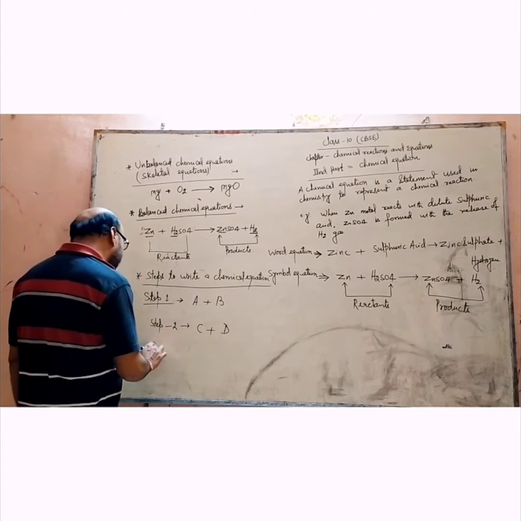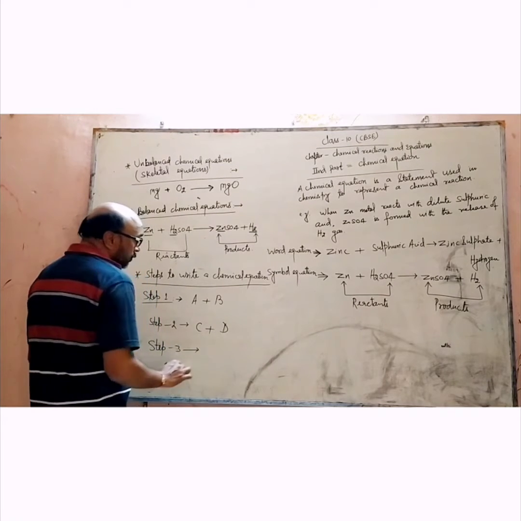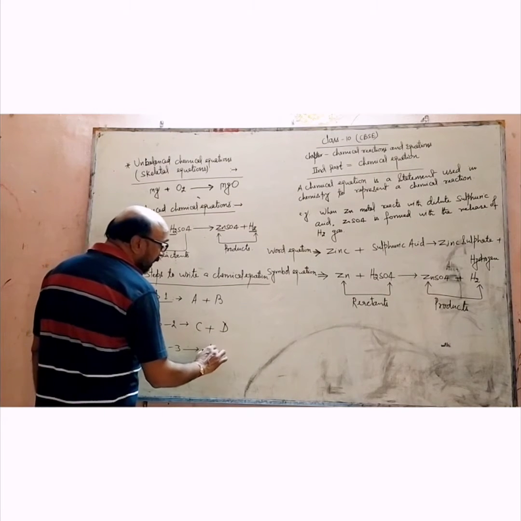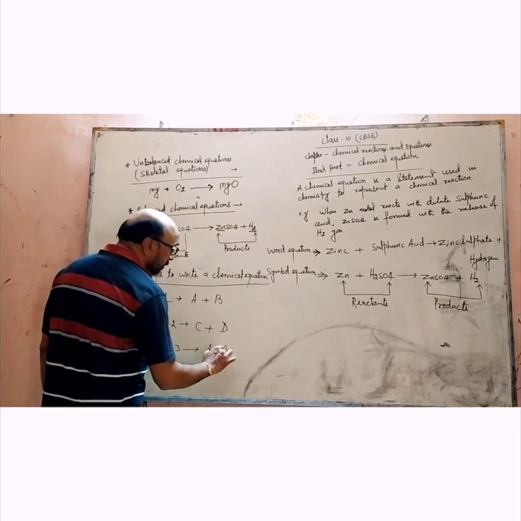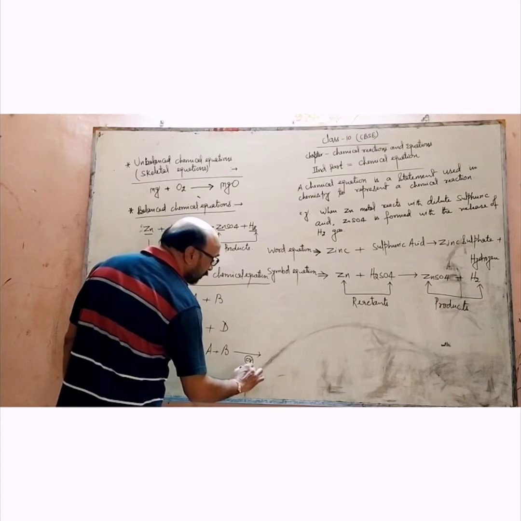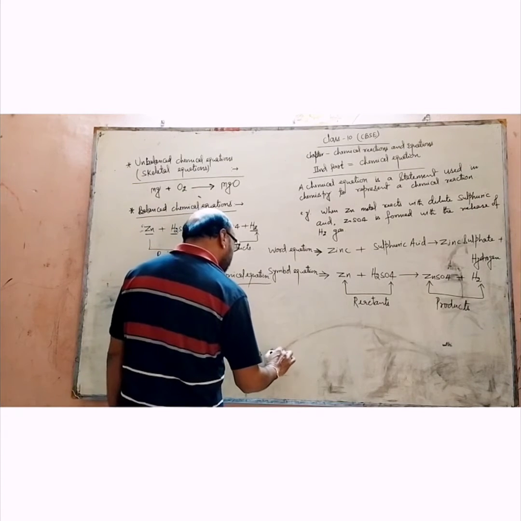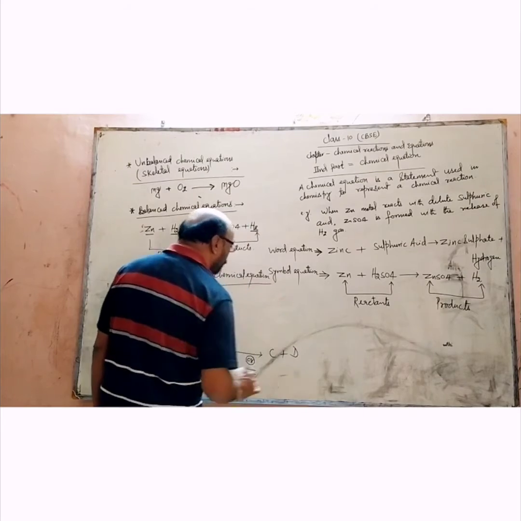The third step is to put the arrow sign or the sign of equality in between the reactants and products.